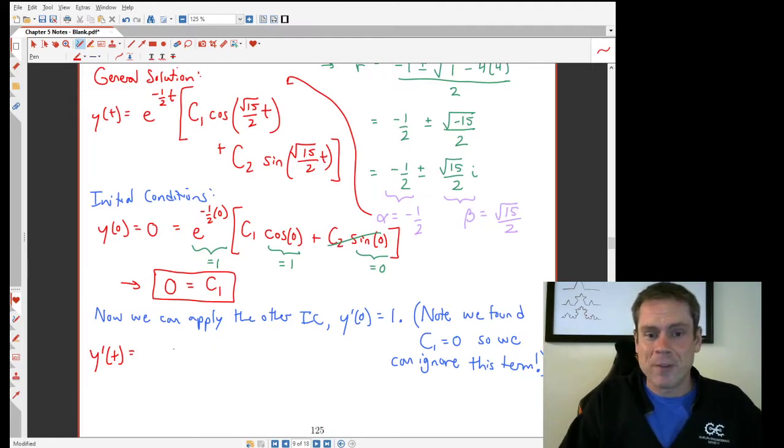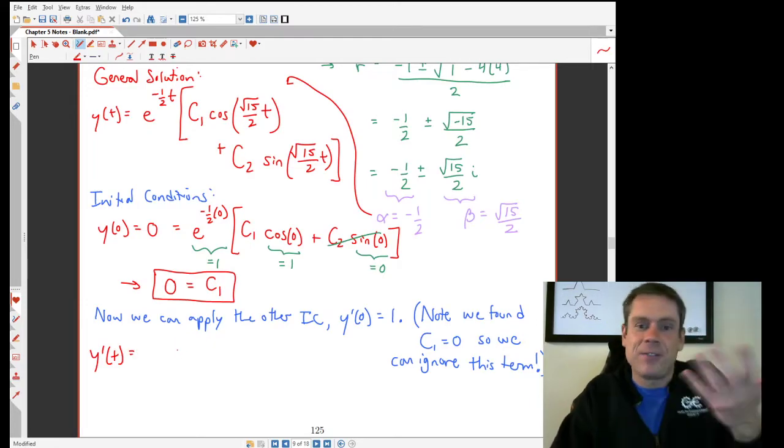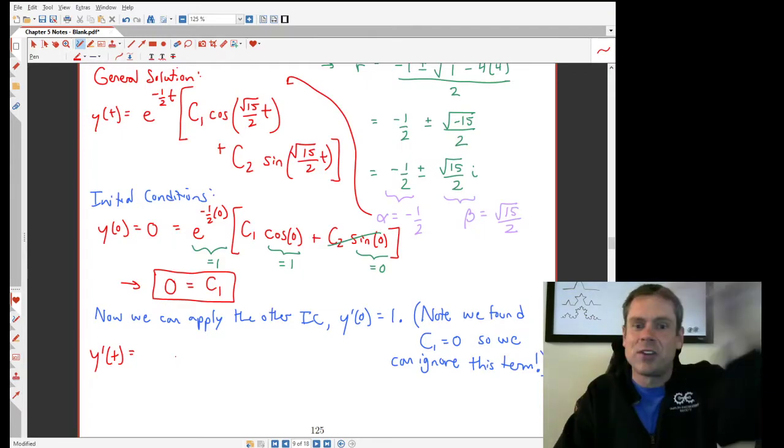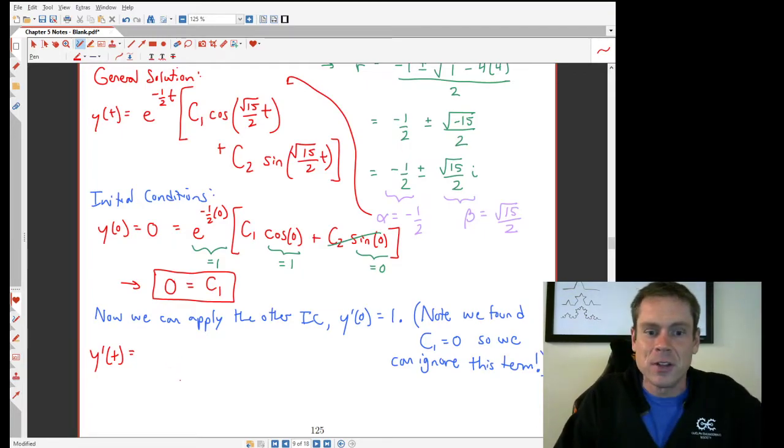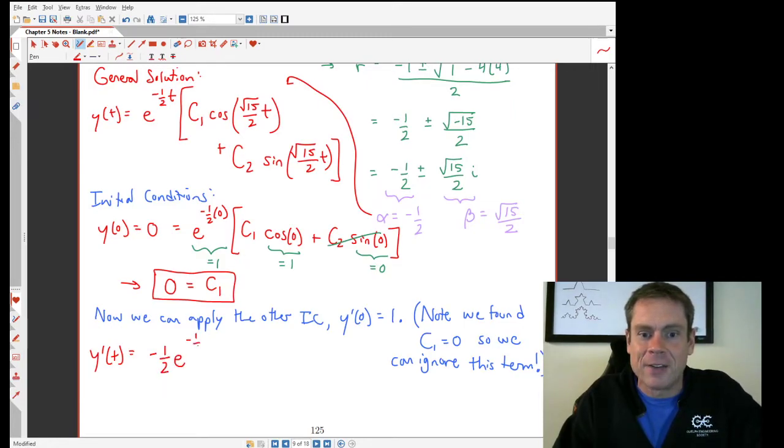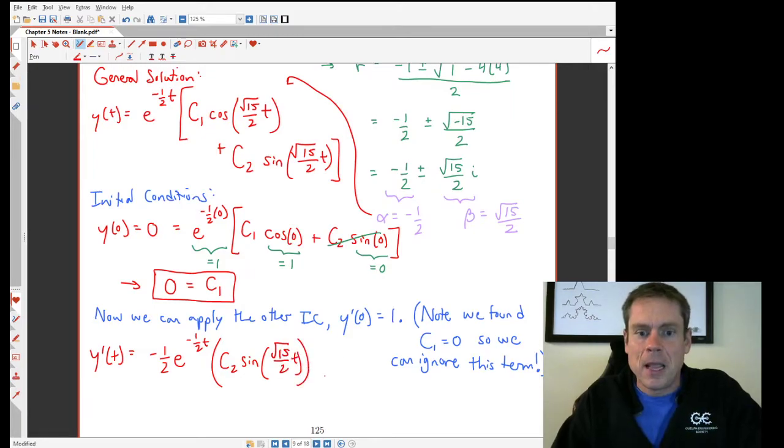And unfortunately, we have a product rule. Even if c1 is 0, I still have the exponential times c2 times sine of stuff. So I need the derivative of the first, minus 1/2 e to the minus 1/2 t, times the second, c2 sine of root 15 over 2 t, and then plus the first, e to the minus 1/2 t, times the derivative of the second.